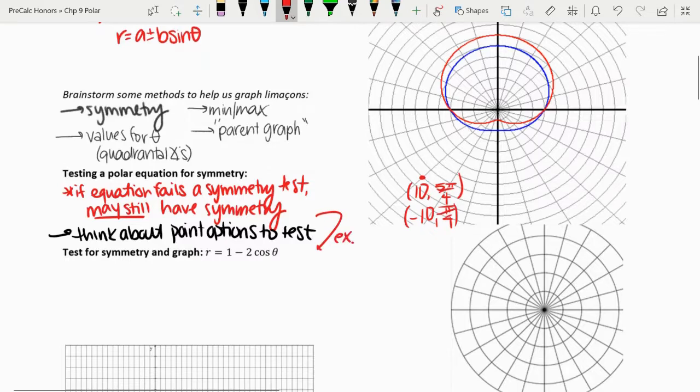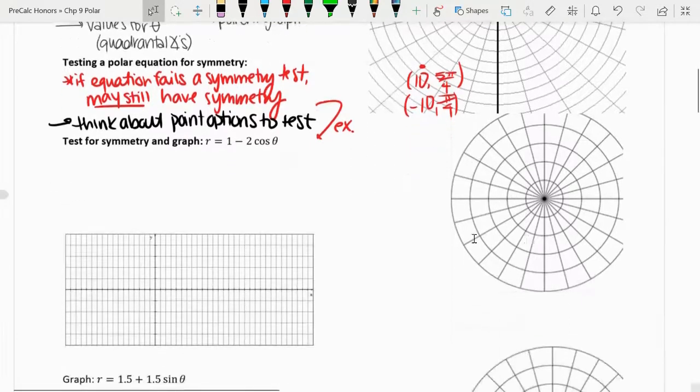All right, so going into the equation, you should have a general idea maybe what kind of symmetry the function will have, because here, like cosine, think about our circles. They had symmetry with respect to the polar axis here. So we want to use a polar axis check for symmetry.